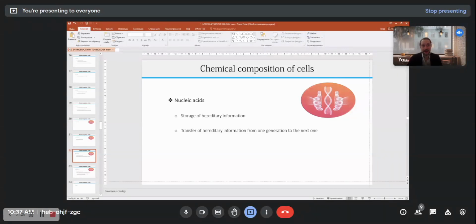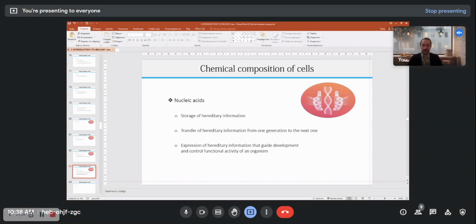And nucleic acids were used in order to transfer hereditary information from mother cell to daughter cells. And of course, when we speak about different generations in terms of the whole human body, nucleic acids are used to transfer genetic information from parents to children.